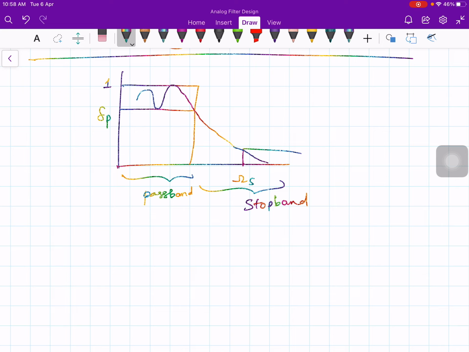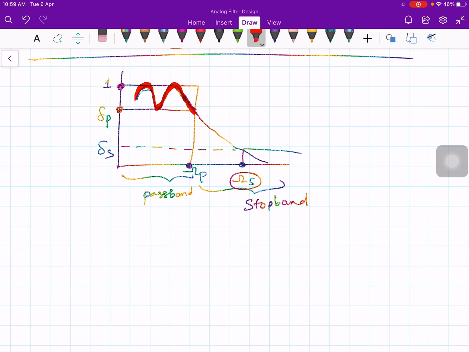I'm sorry, this is wrong actually, it should touch the top and bottom like this. So the characteristic is something like this. This is 1 and this is delta P, this is delta S, this point is omega P, and this point is omega S. It ripples in the pass band like this.